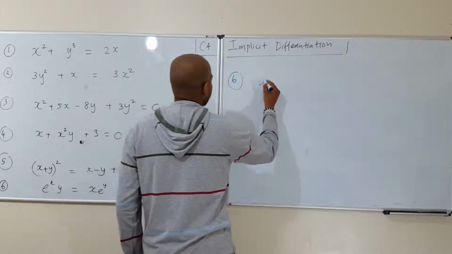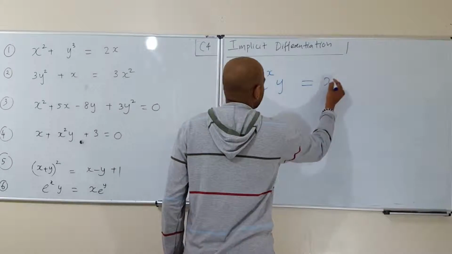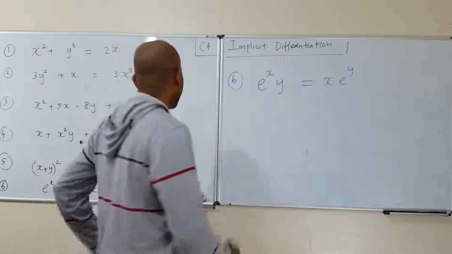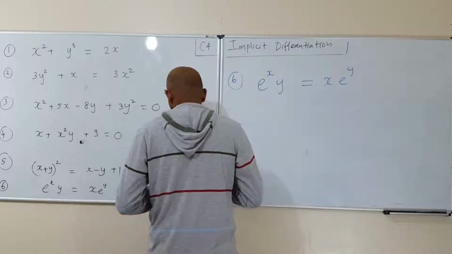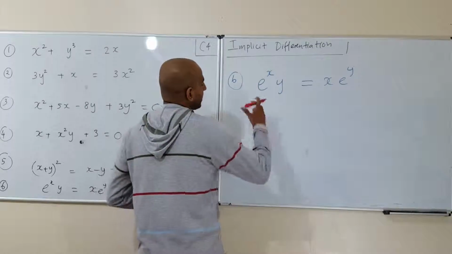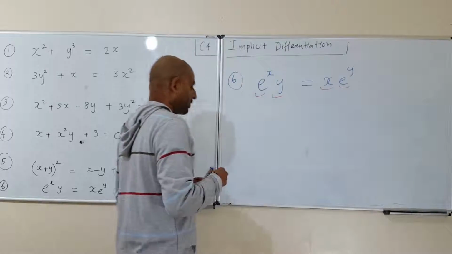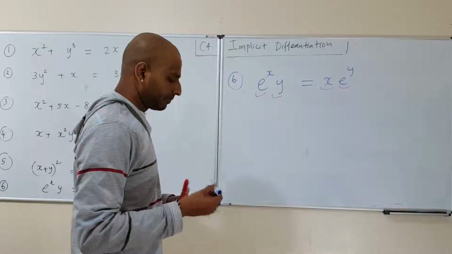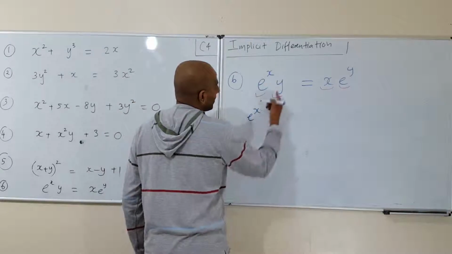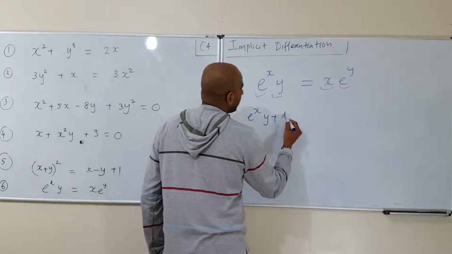It says e^x y equals x e^y. Again, it's uv, isn't it? It's just basically there are two functions here. If you note it, there are two functions. That's u, that's v. Again, there are two functions. So we have to apply the product rule. Differentiate e^x, you're going to get e^x. Leave that, y, plus differentiate that, dy/dx.